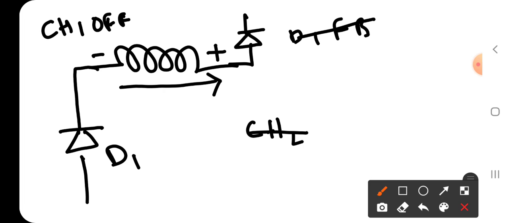This is D1, this is D2. If I turn off CH2, D2 will be forward biased. If I turn off CH1, D1 will be forward biased. So let me assume that CH1 is turned off.